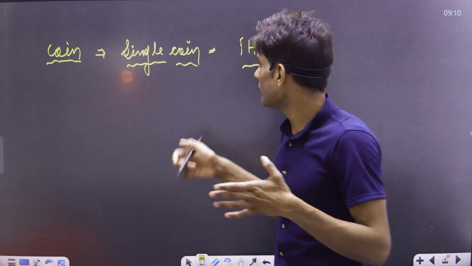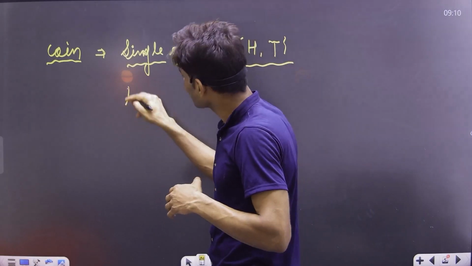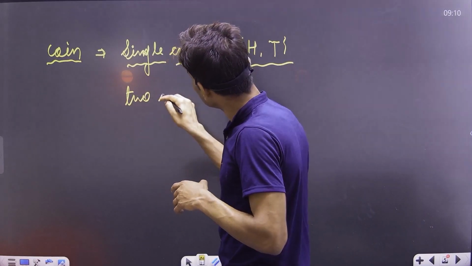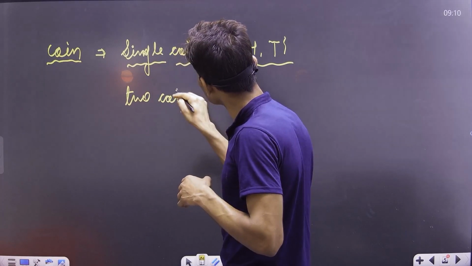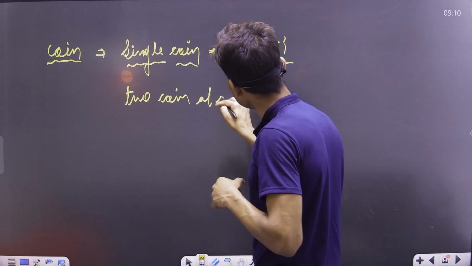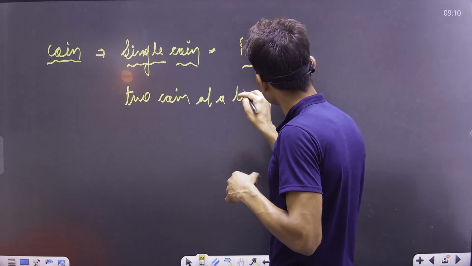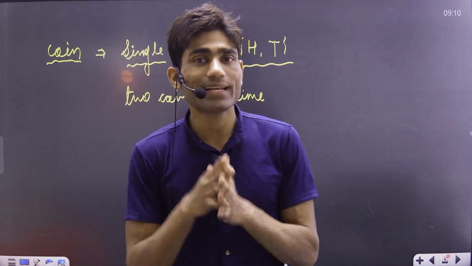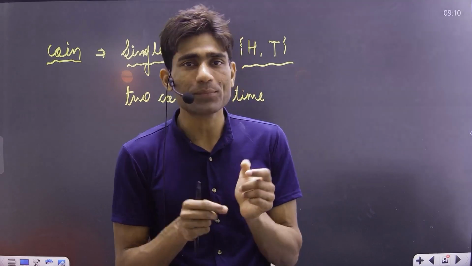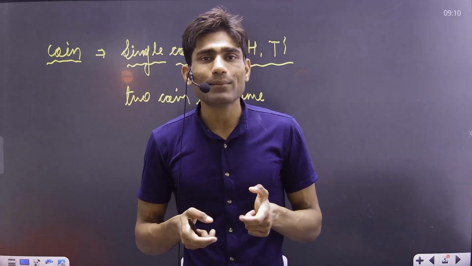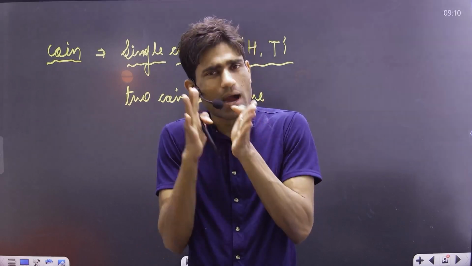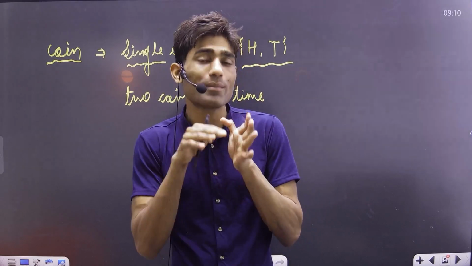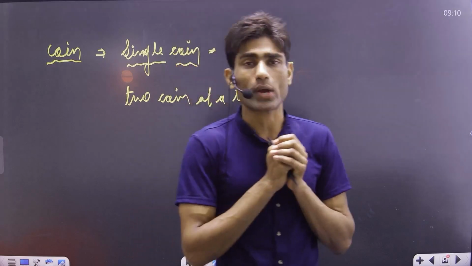Next, if I toss two coins at a time. Just for understanding this concept, you can take two coins, toss them at the same time, and find out the probable outcomes coming from both coins.